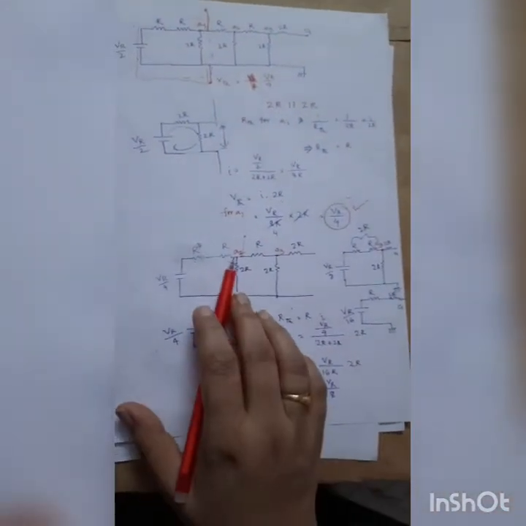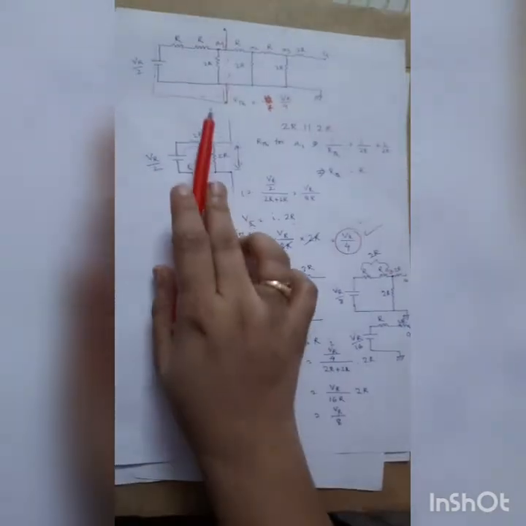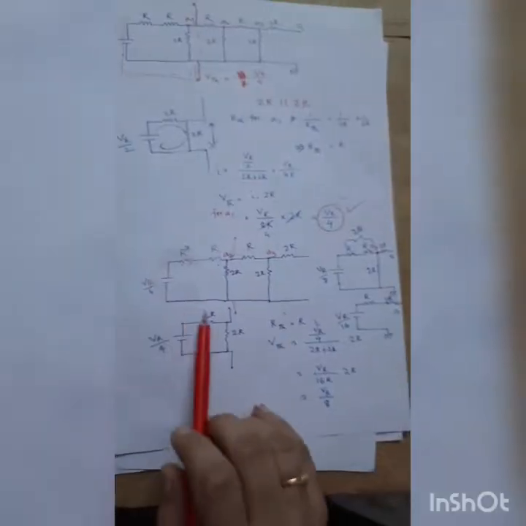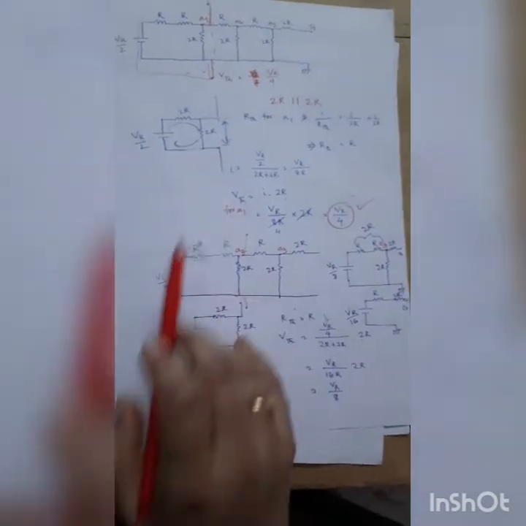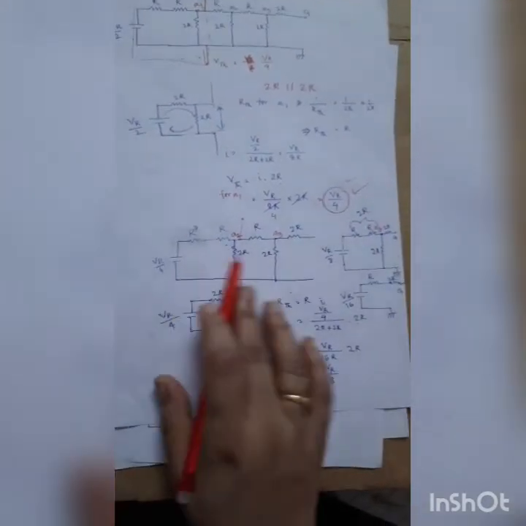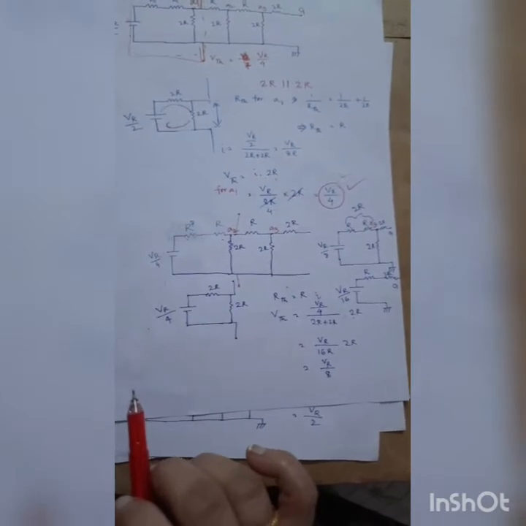Now for point A2, the same thing will happen. For point A1, the equivalent resistance is R and the voltage VTH is VR by 4. So now the circuit looks like this.